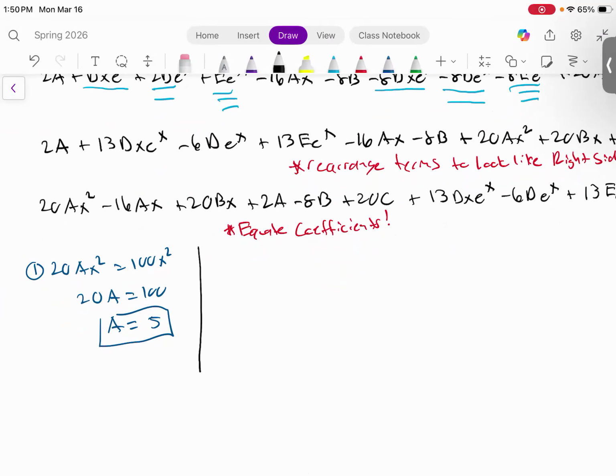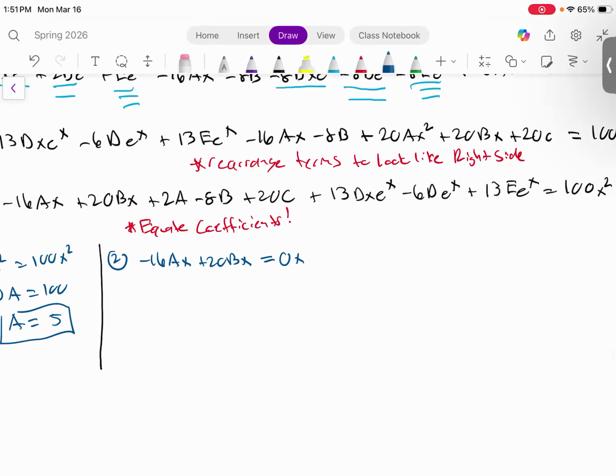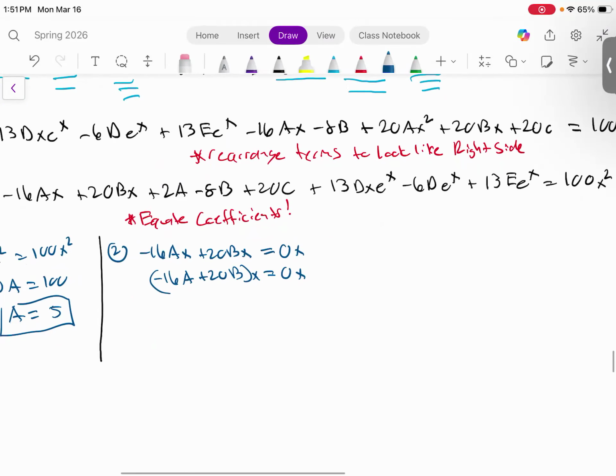Okay, let's look at our second equation now. It's negative 16ax plus 20bx equals just 0x. And so I can factor out the x, and I can just equate their coefficients.